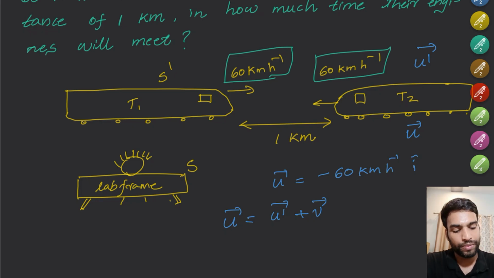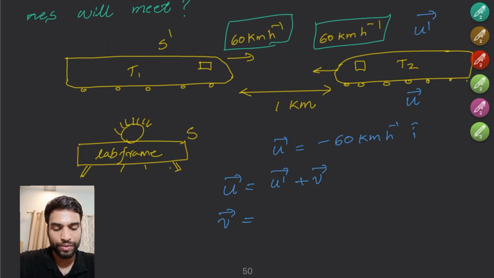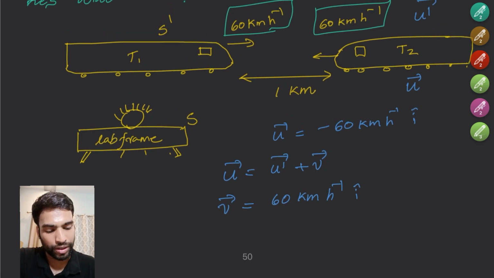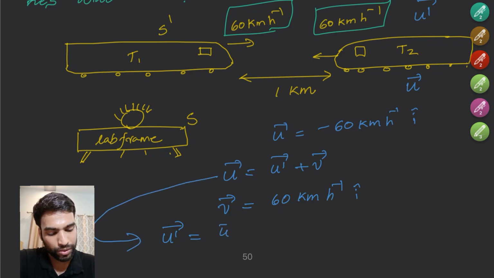Now clearly, velocity of the S dash frame measured in S frame is given by 60 kilometer per hour i cap, right? That is the first train velocity, correct? So clearly we can write u dash.